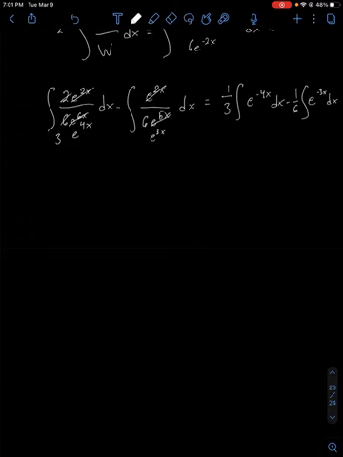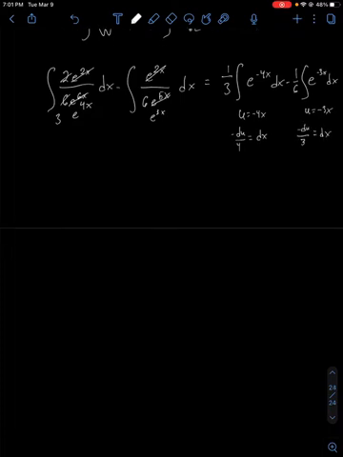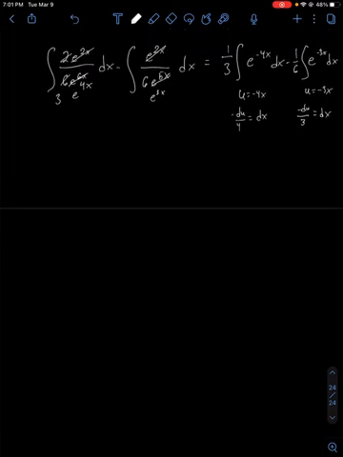dx. Now if we let u equal negative 4x, negative du over 4 equals dx, u equals negative 3x, then negative du over 3 equals dx, and then we can do these u subs in our head.